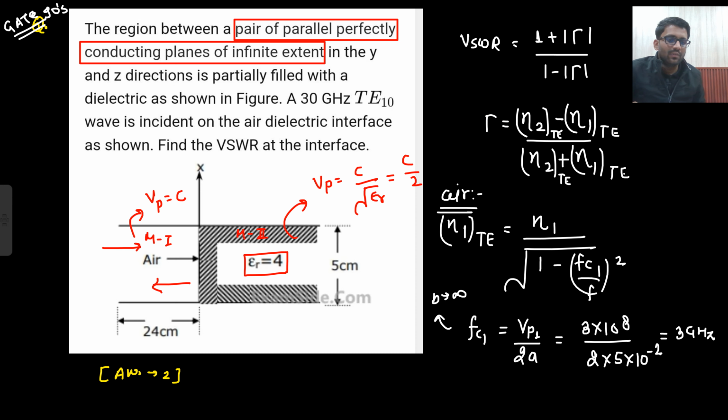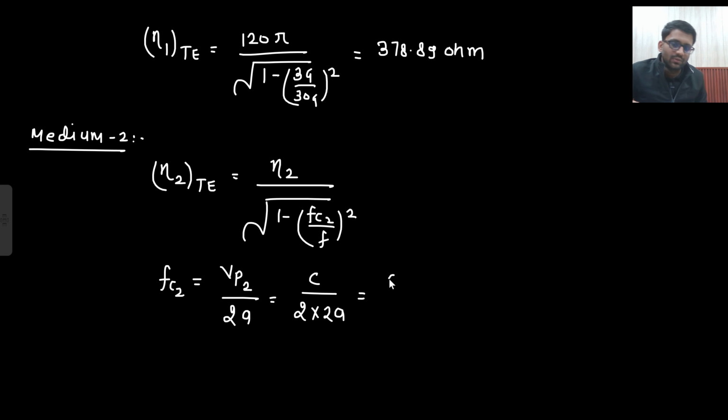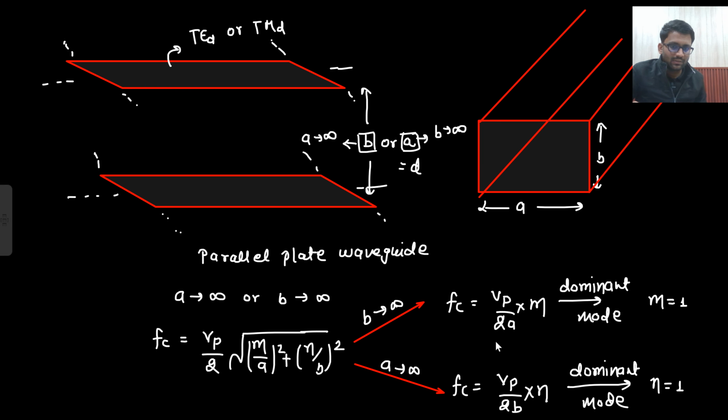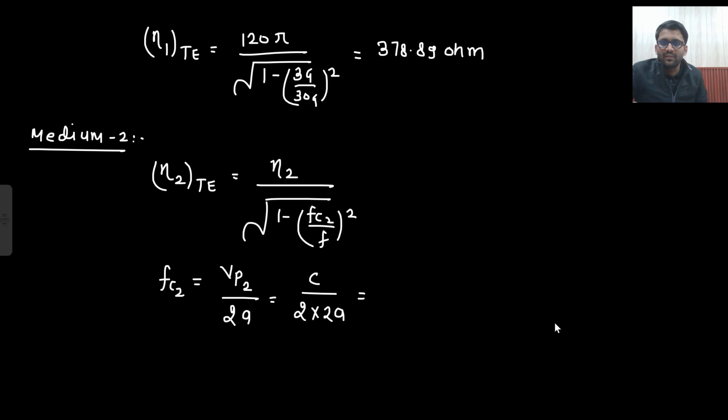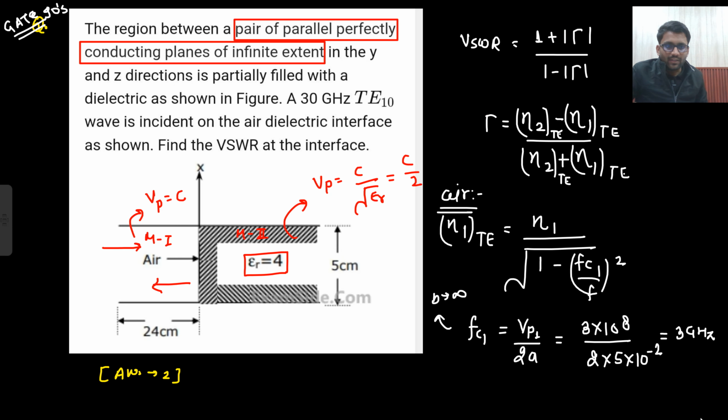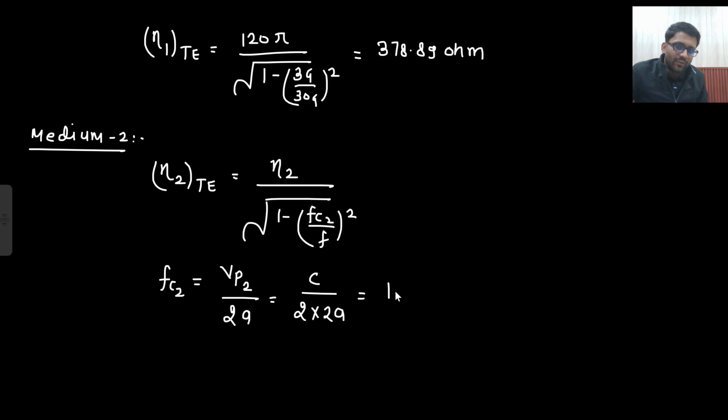Why C by 2? Because here epsilon r is given as 4. So 3 into 10 to the power 8, basically it will be half of this. Whatever that I was getting here, 3 gig I was getting here. So it would be 1.5 gigahertz, right?